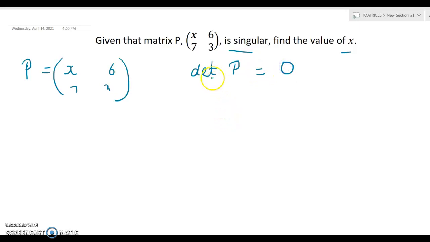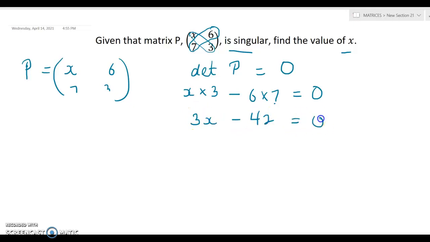How do we find the determinant again? First diagonal, the product of the first diagonal. So x times 3, take away the product of the second diagonal, which is 6 times 7. And that's equal to 0, because it told us the matrix is singular, so the determinant is 0. So x by 3 is 3x minus 42 equals 0.